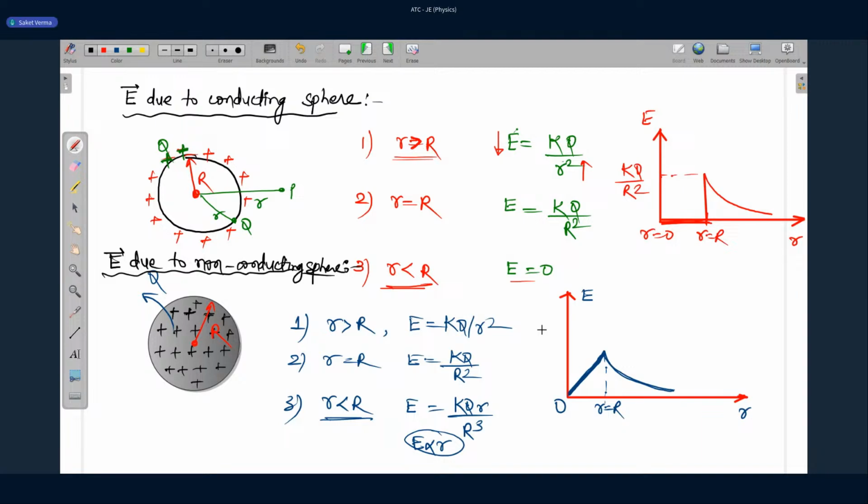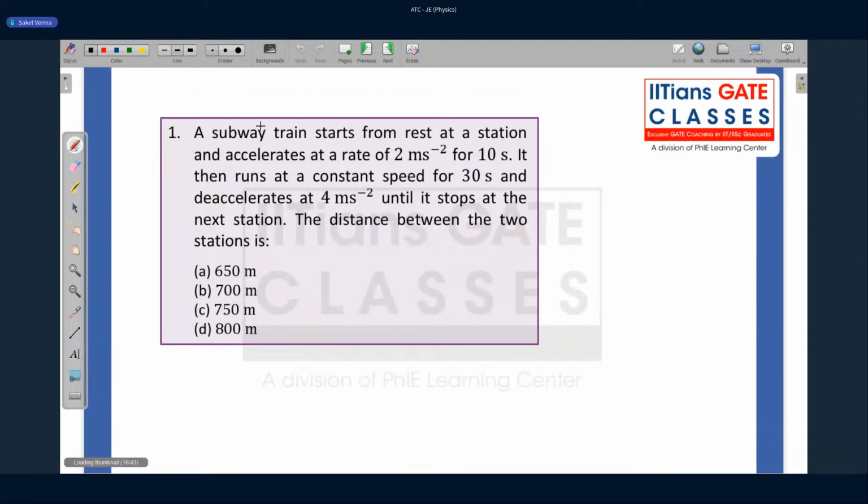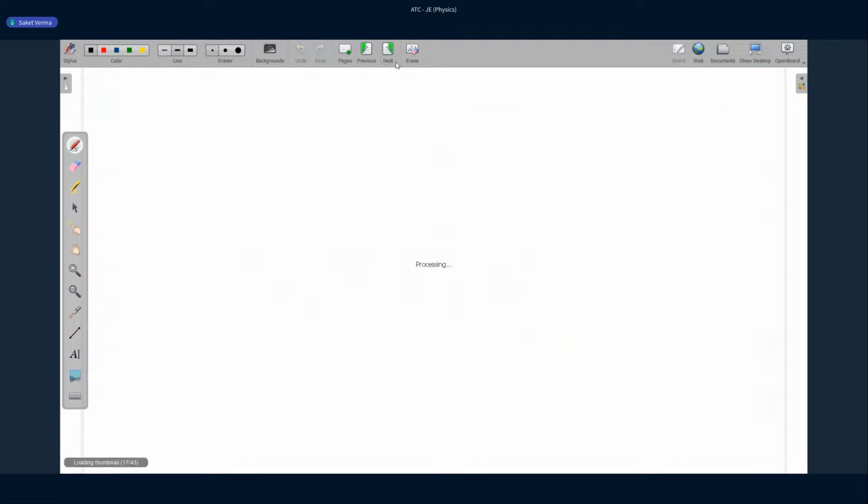Now let's look at some of the questions that were asked related to this, particularly from the subject physics. This is a question that was asked, say, from the law of motion, which will be discussed somewhere later. Remember that the law of motion is one of the important topics. This is a previous year question.